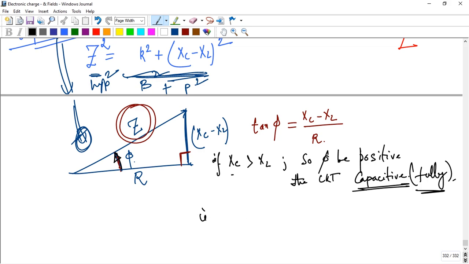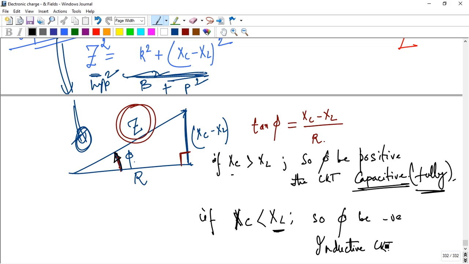And if XC is less than XL, phi is negative. If phi is negative, XL is larger, so this is totally an inductive circuit.